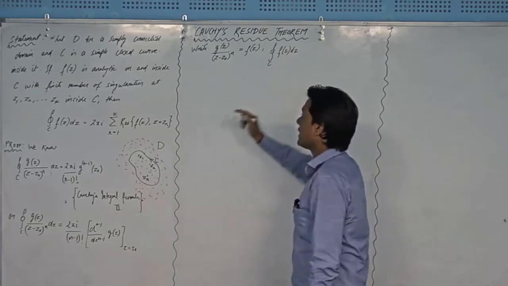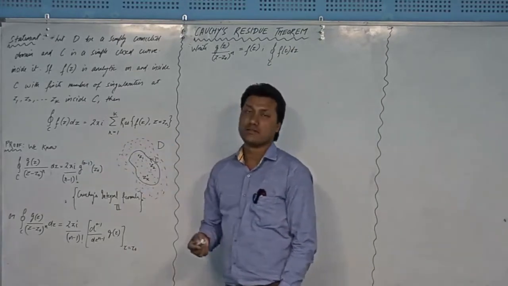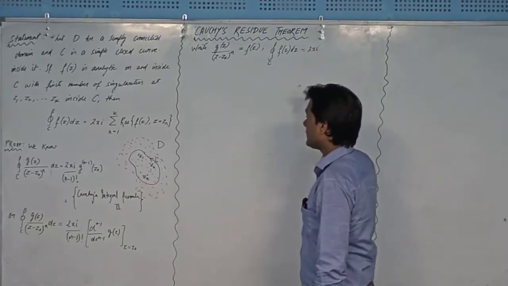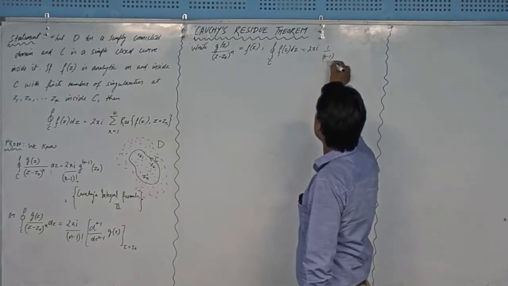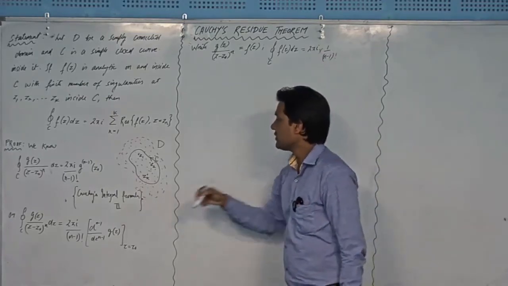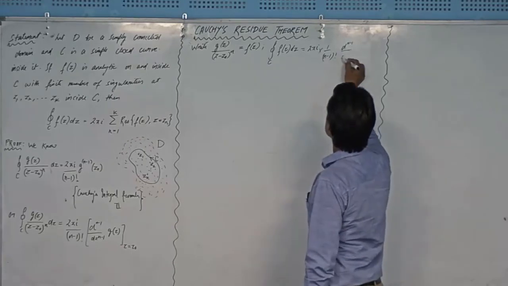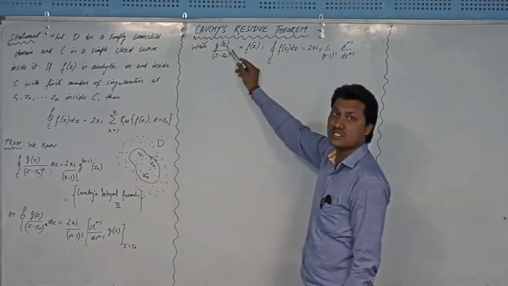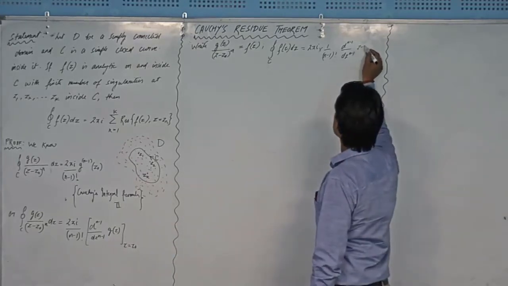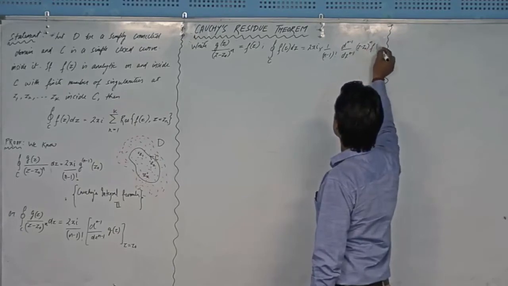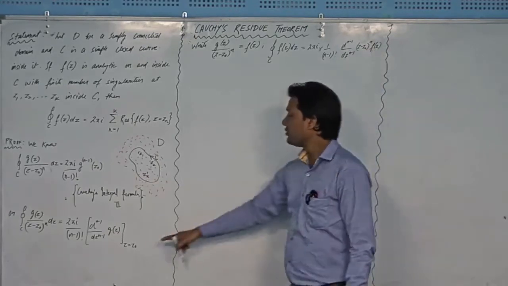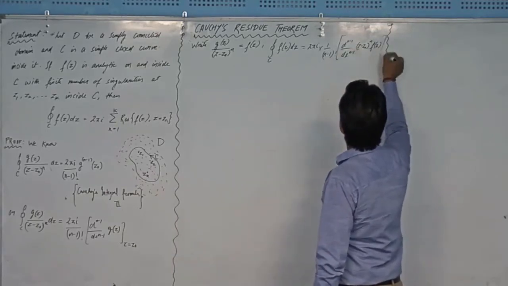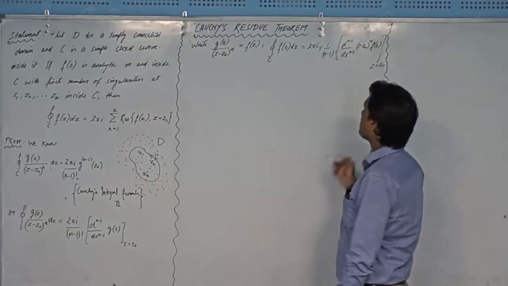And you see that we have this integral on the left-hand side equal to 2πi times 1 over (n−1)! times d^(n−1)/dz^(n−1) of g(z), where g(z) is (z − z₀)ⁿ multiplied by f(z), and that value is evaluated at z equal to z₀.